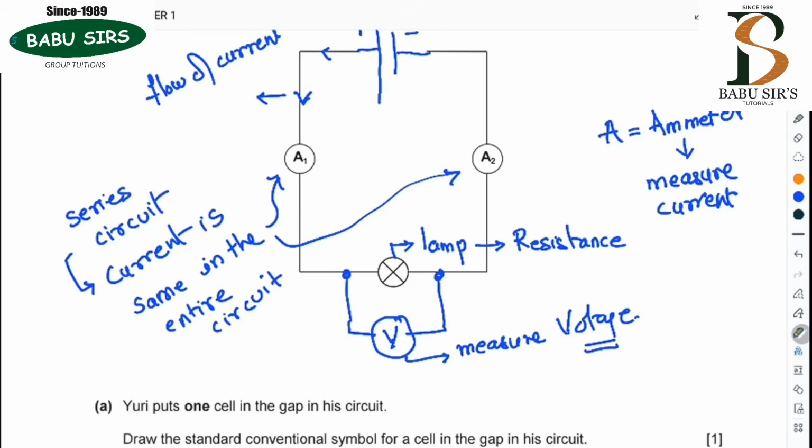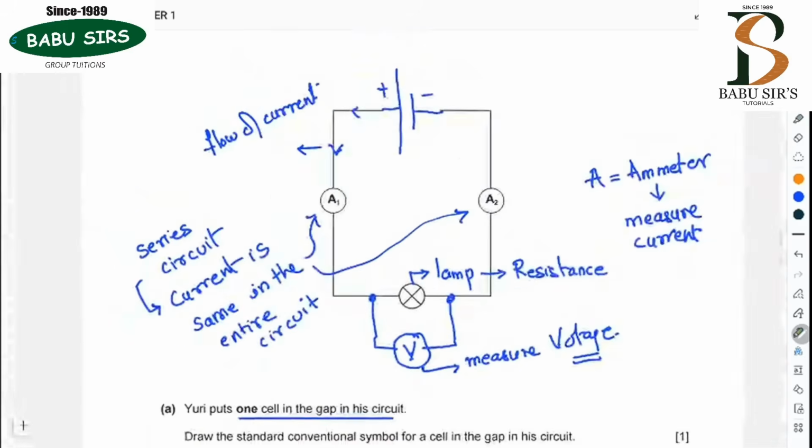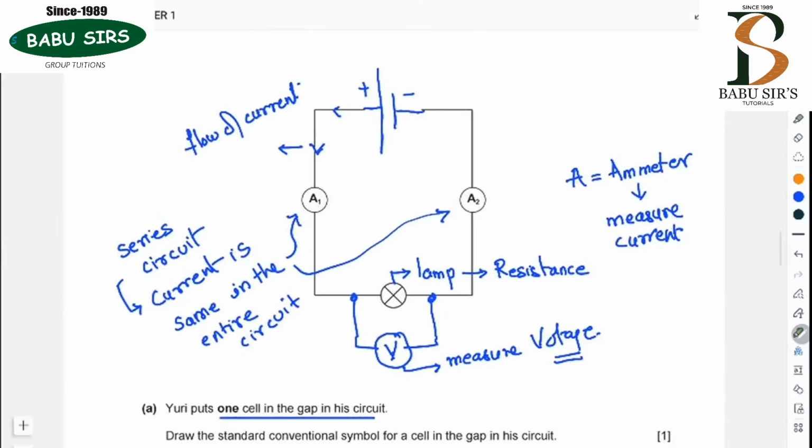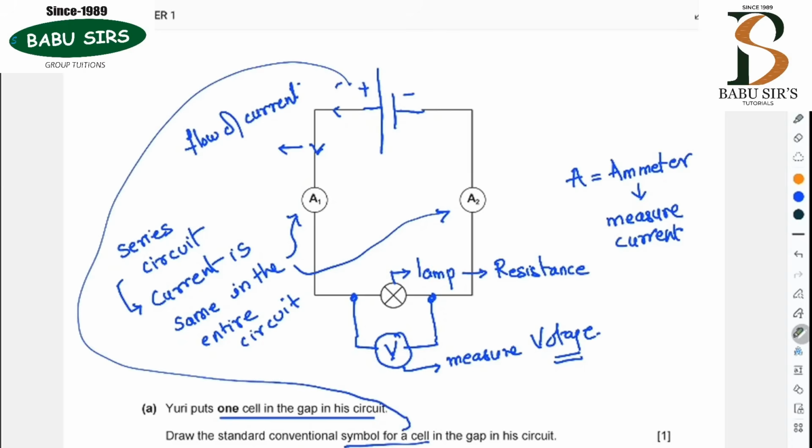So we'll start with the questions. The first question is, Uree puts one cell in the gap in his circuit. Draw the standard convention symbol of the cell. So that we have already drawn here. That is this one. You have drawn here with the symbols also, the cell part.